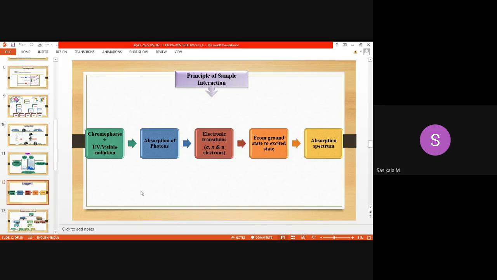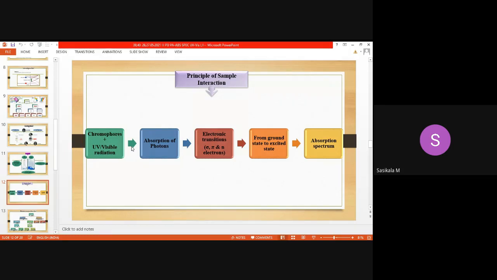Lambda represents wavelength, and maximum represents the maximum wavelength absorbed by the compound. It is unique for each and every compound, so lambda max is considered a qualitative parameter. Like in chromatography we have seen the Rf value and Rt value as qualitative parameters, likewise in UV visible spectroscopy the qualitative parameter is lambda max.